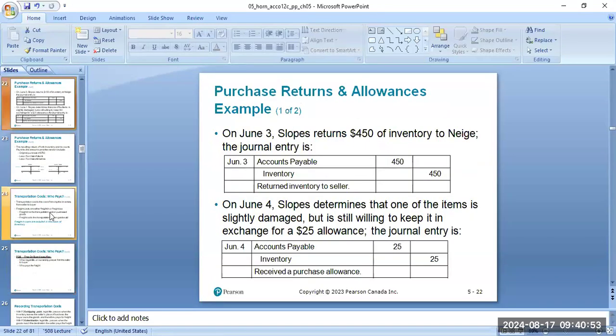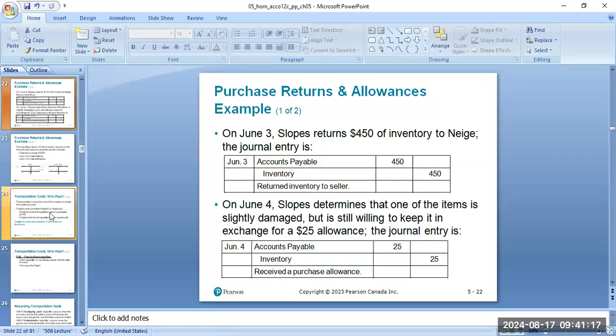How is this going to look as a journal entry? Again, we purchased that inventory for $700, and obviously we didn't pay. That's why it's in accounts payable. Now on June 3rd, remember we purchased it on May 27th, we returned $450 of inventory to the seller.